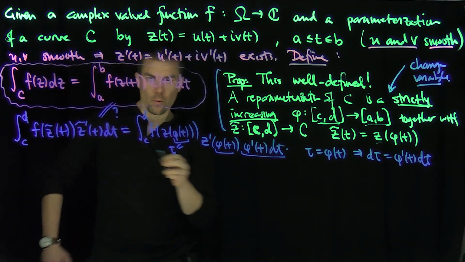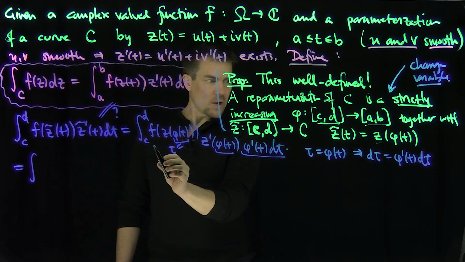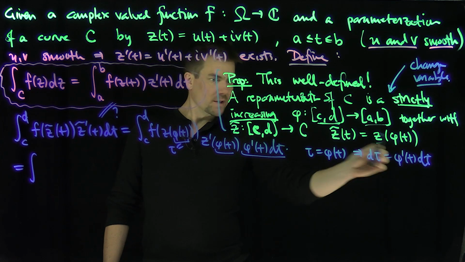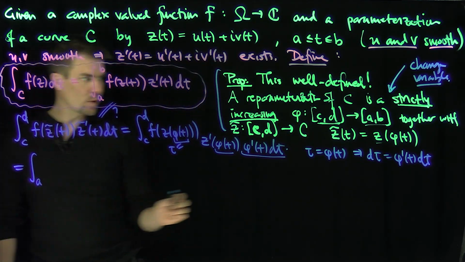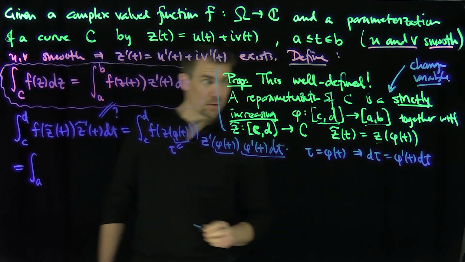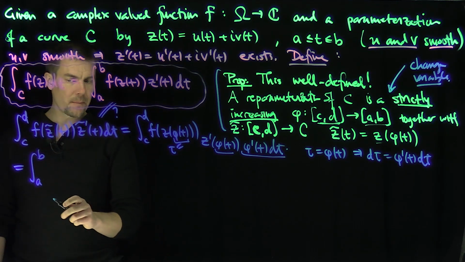And so now, what does this integral over here become? Well, when T is equal to C, what does that tell you? That phi, which is strictly increasing, maps to A. And when T is equal to D, tau is going to be equal to B, right? Because it's strictly increasing, and it goes continuously up from A to B. Excellent.